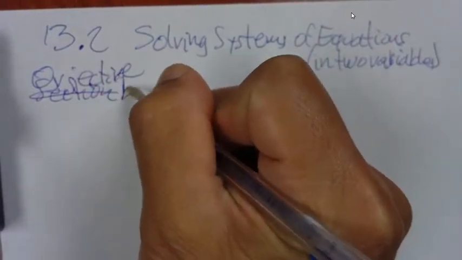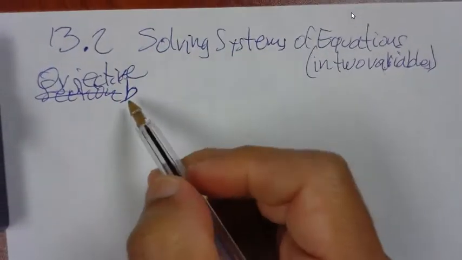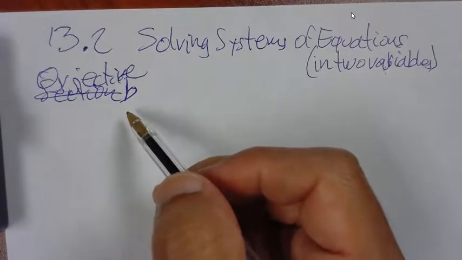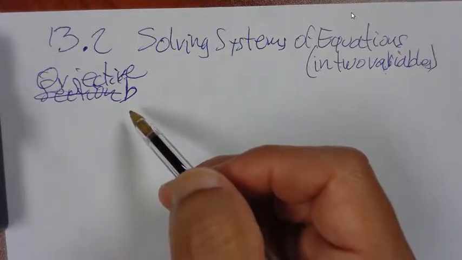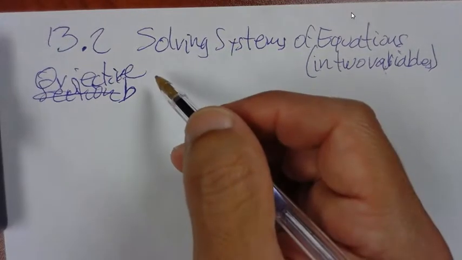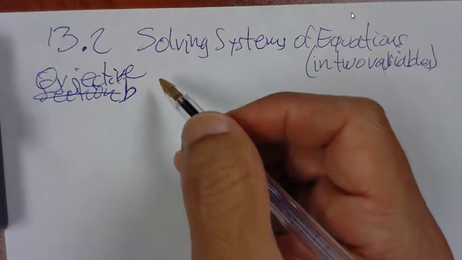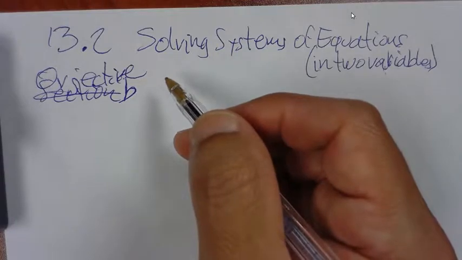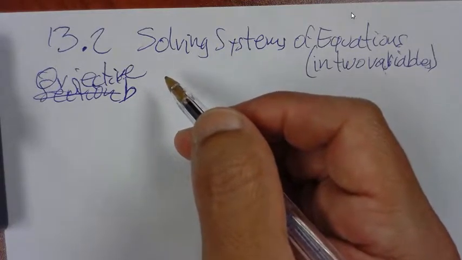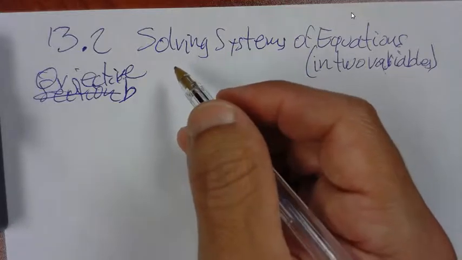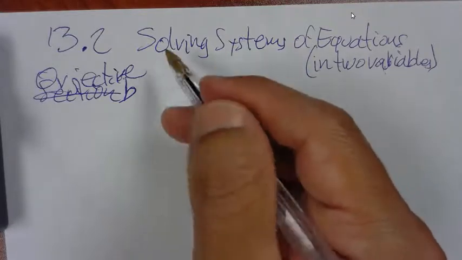Objective B, we skip A because A is essentially the same as B, except that in section A, at least one of the equations has already been solved for x.